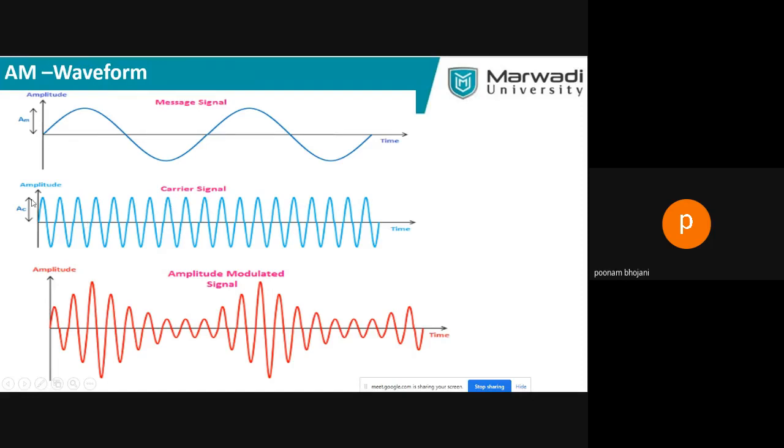The carrier signal has some amplitude, let's say AC, the carrier signal amplitude. Now generally we always keep AC higher than AM, because we want higher strength of the signal, and strength can be increased by using frequency as well as amplitude, right? So we are increasing the amplitude also. The amplitude of the carrier signal will always be higher than AM.